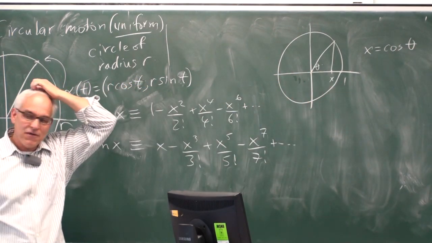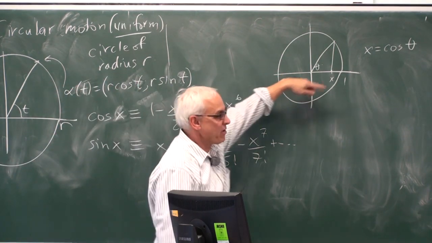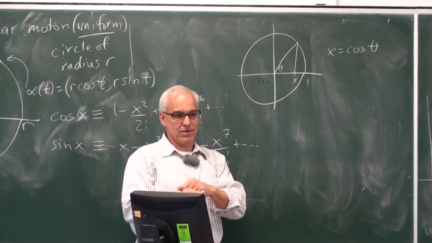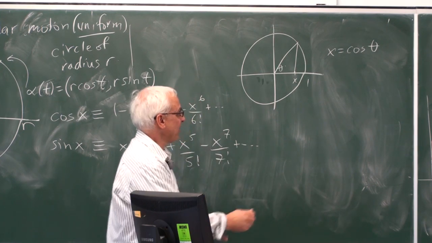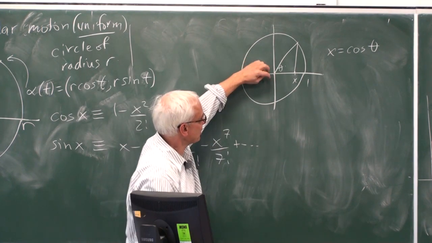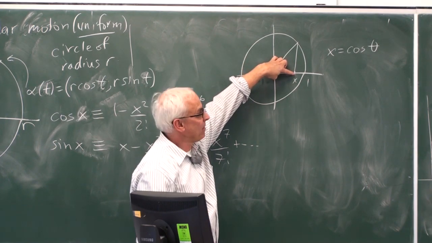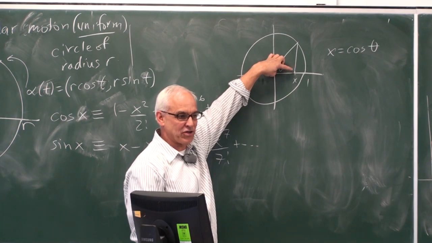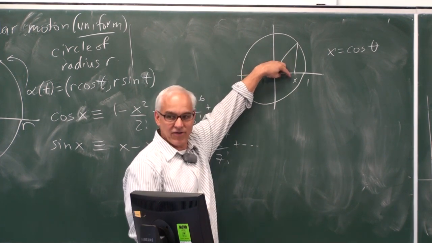But in fact, it's probably a little bit more natural to think about the relationship going the other way around. In other words, if you hadn't been trained in this subject, you'd probably think the natural question is, given an x, what is the angle? That's a more natural question than asking, given an angle, what is the x?